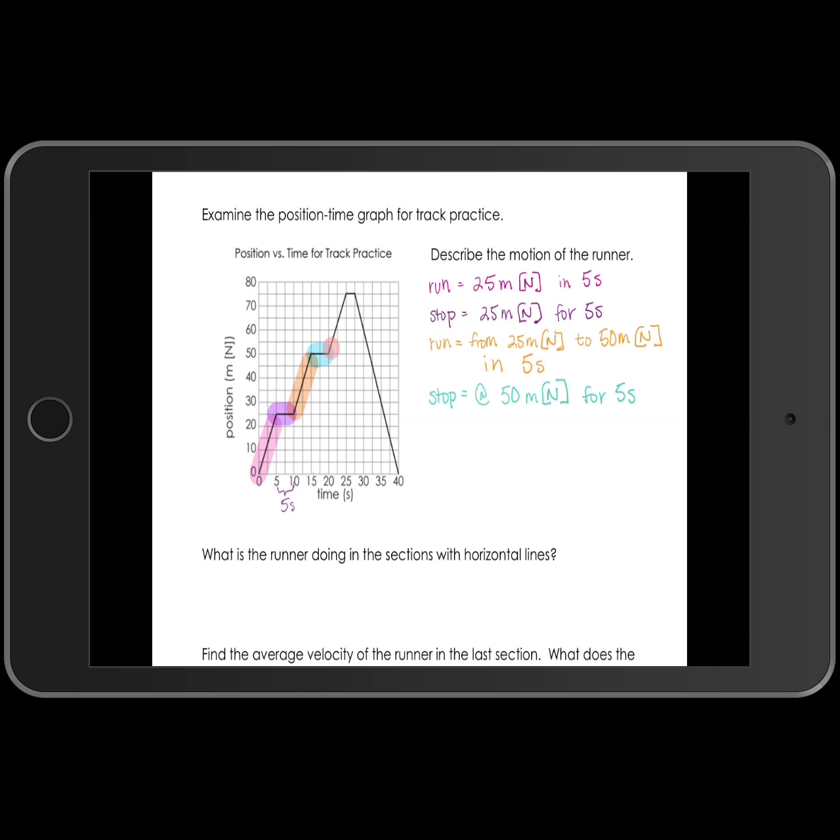Then, for the next part here, they're going to run again from position 50 to 75 meters north of the starting line. Okay, and this takes them 5 seconds.